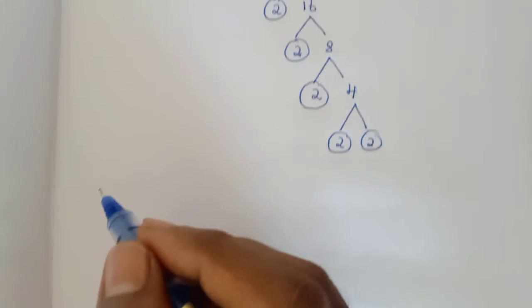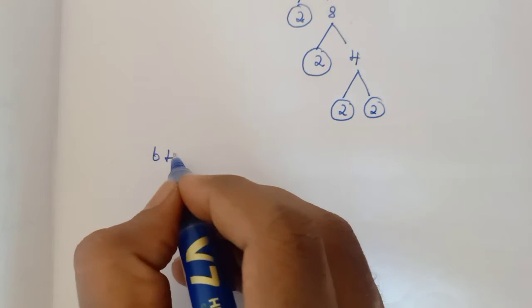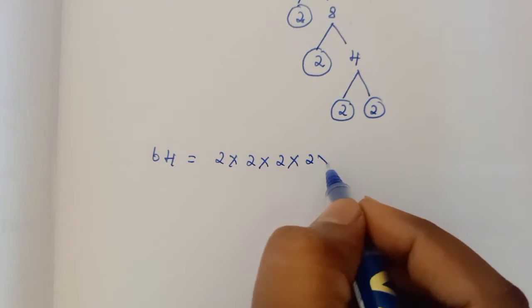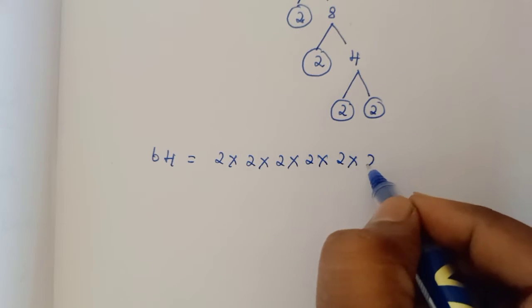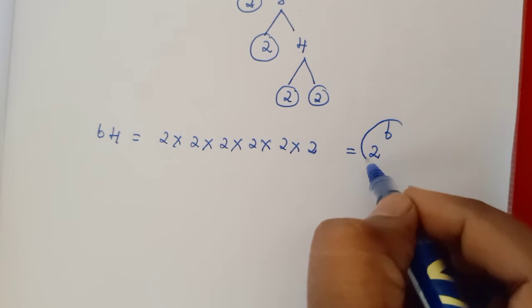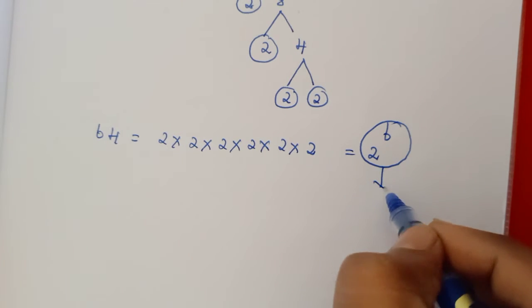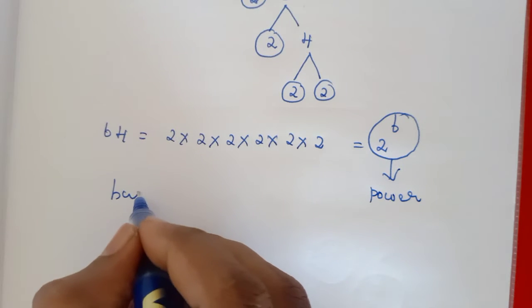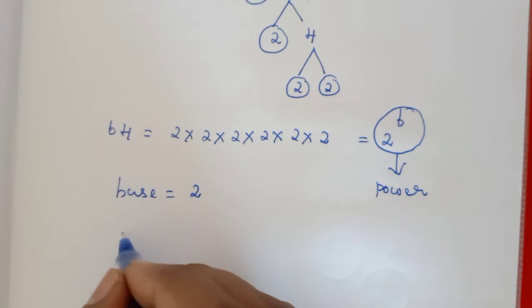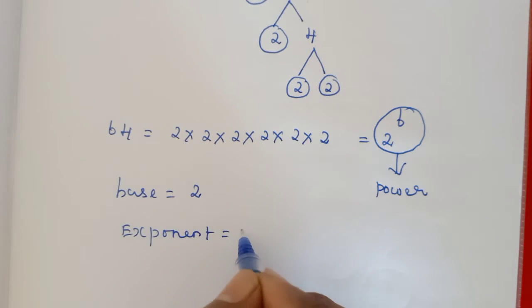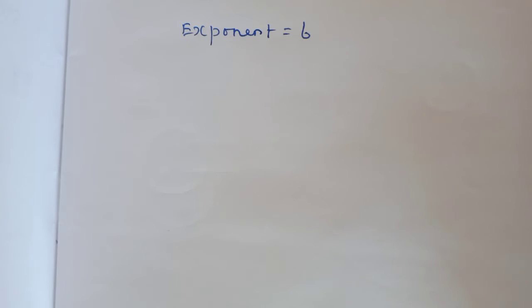So 64 is nothing but 2 into 2 into 2 into 2 into 2 into 2, that is equal to 2 power 6. Actually this is called power. Here base equal to 2, exponent equal to 6. That's all.